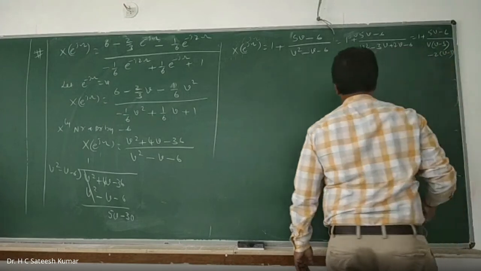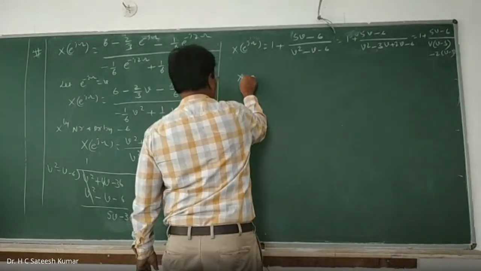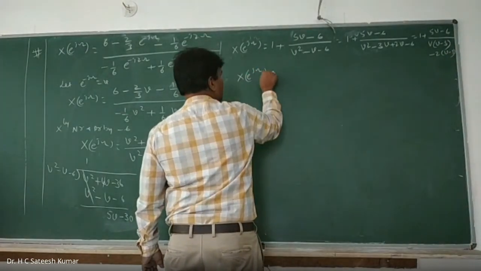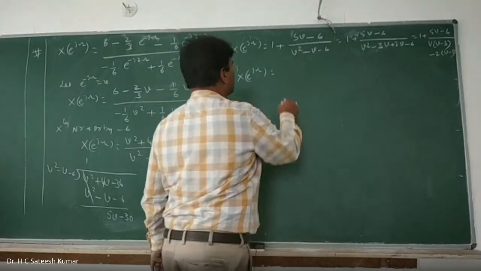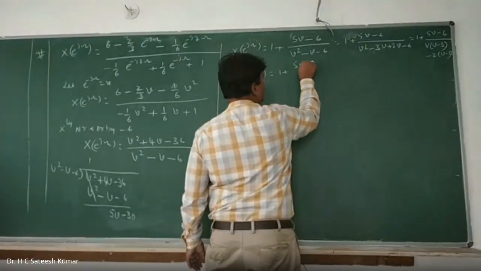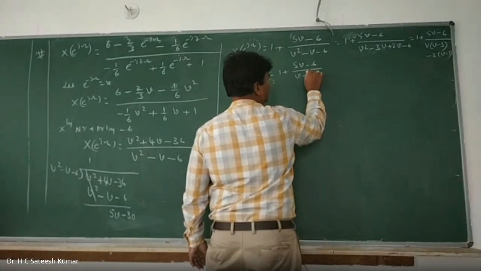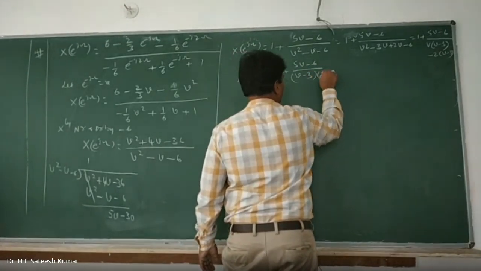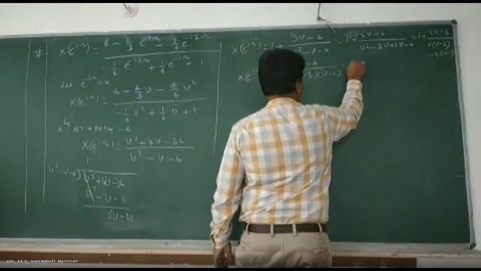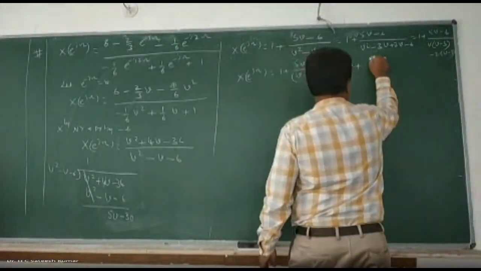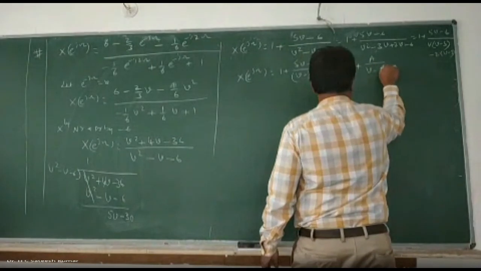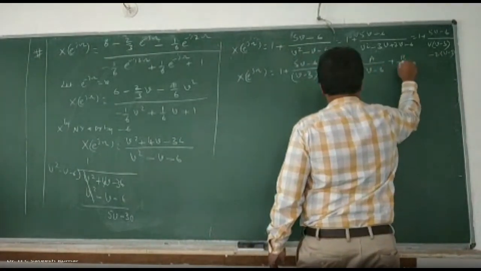So therefore X of e to the power of j omega is equal to 1 plus 5v minus 6 divided by v minus 3 into v minus 2, is equal to 1 plus a divided by v minus 3 plus b divided by v minus 2.